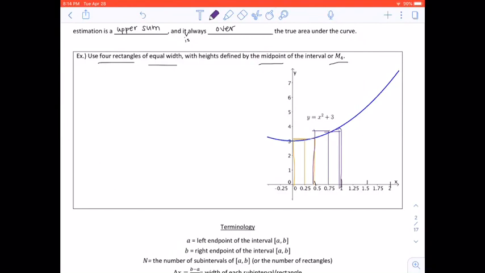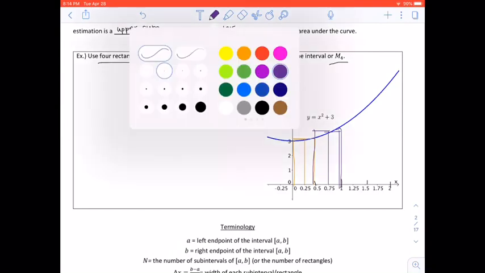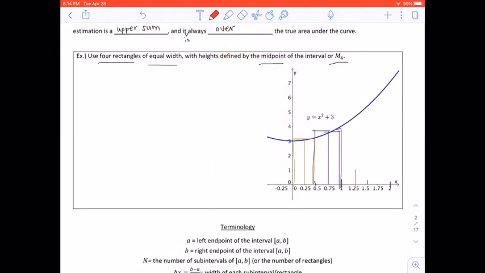The next one that we have in between 1 and 1.5 is going to be 1.25, so again, drawing a line up until you touch that graph, a horizontal line across, and then back down. So this is our third rectangle in here, and our first one, and then we'll go ahead and do our second, and then our fourth rectangle in between 1.5 and 2 is 1.75.